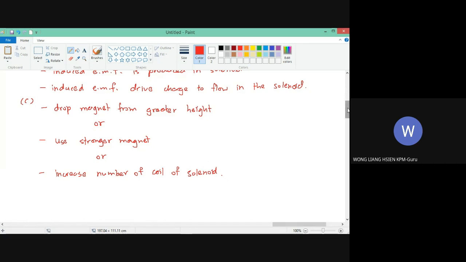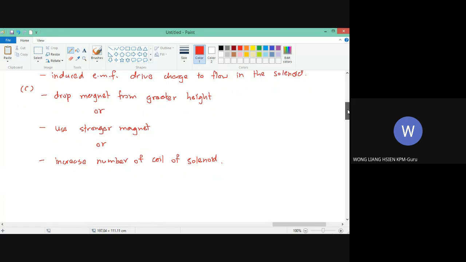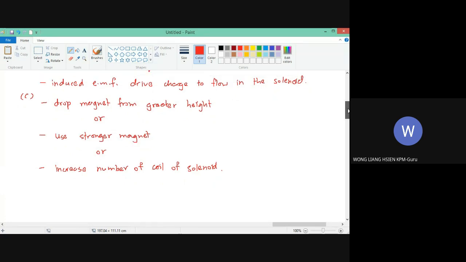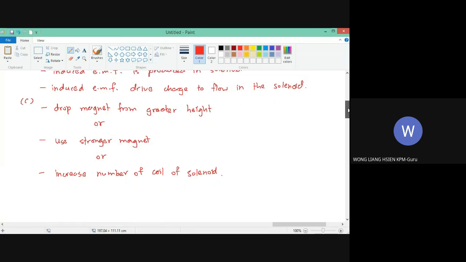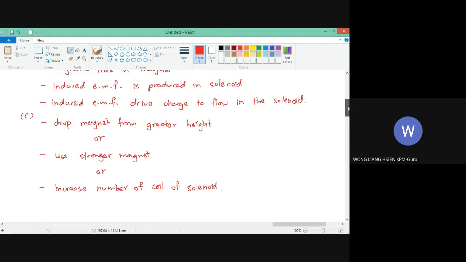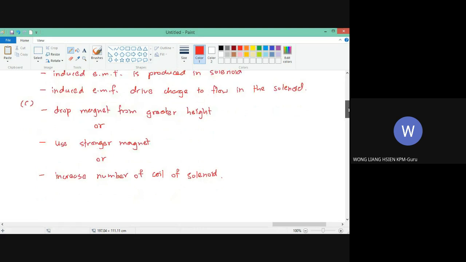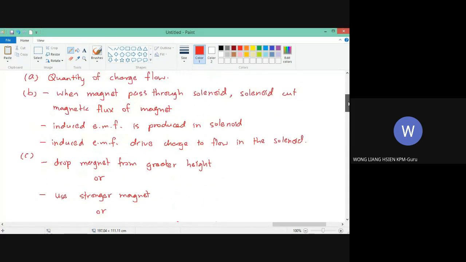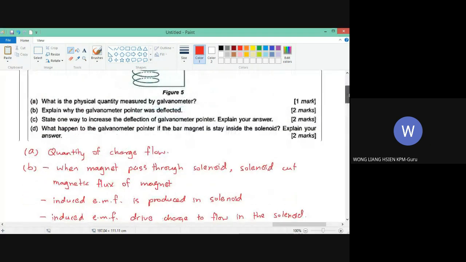Okay, so this part is the part where we give suggestion on how to increase the induced current, okay, or induced EMF.